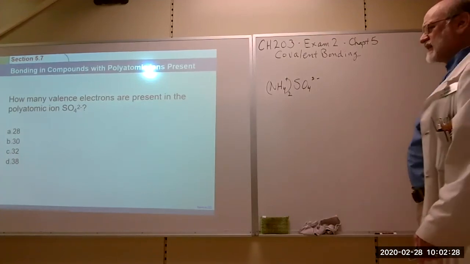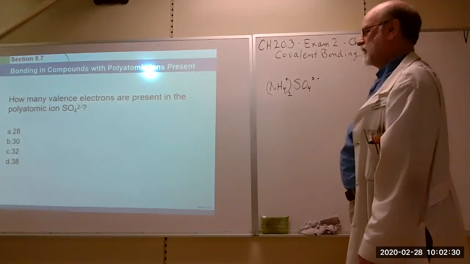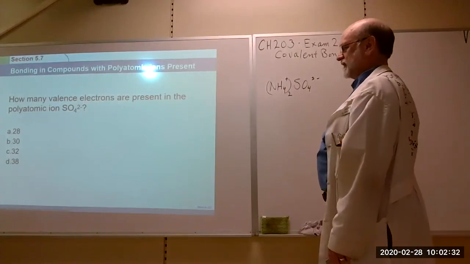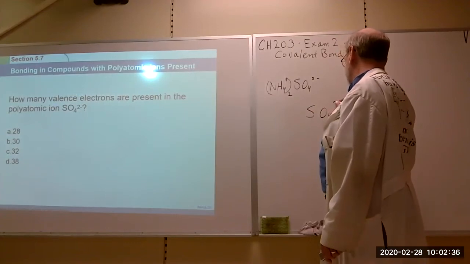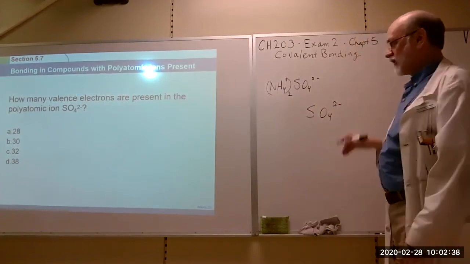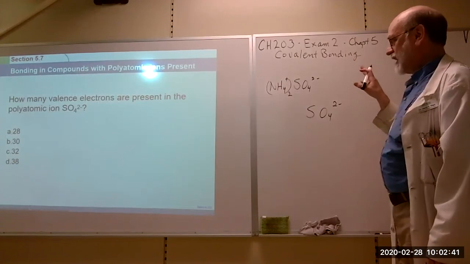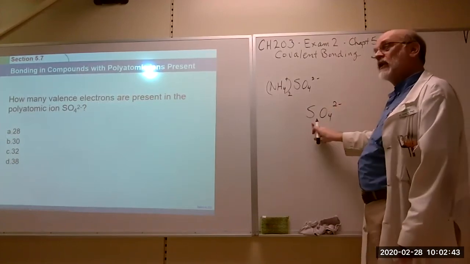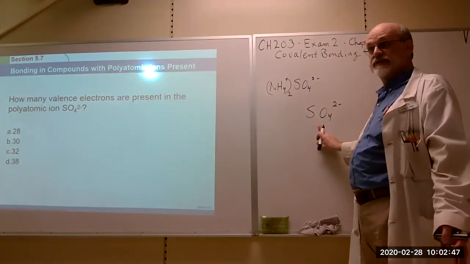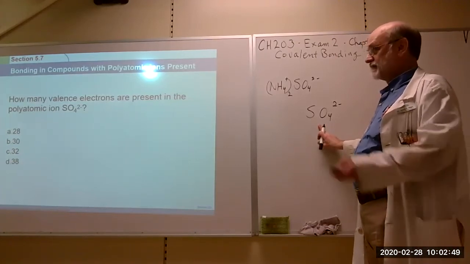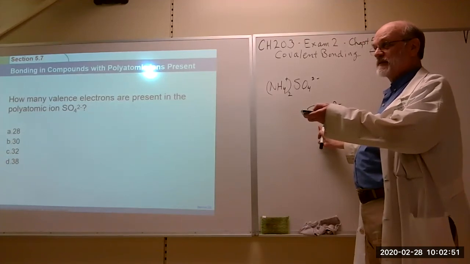Okay, how many valence electrons are present in the polyatomic ion? Well, we showed it on the previous one, but let's count them up anyway. So for that ion, how many valence electrons? Well, sulfur and oxygen are in the same family, so they have the same number, right? 6 each. 6 there, 6 there.